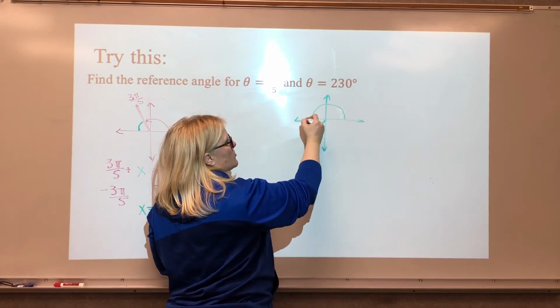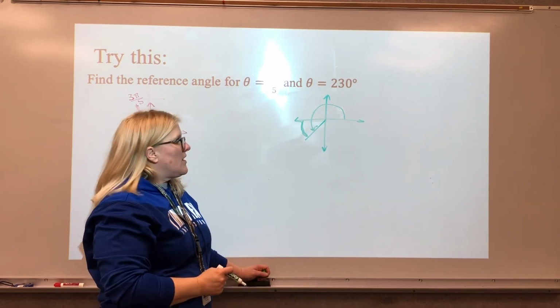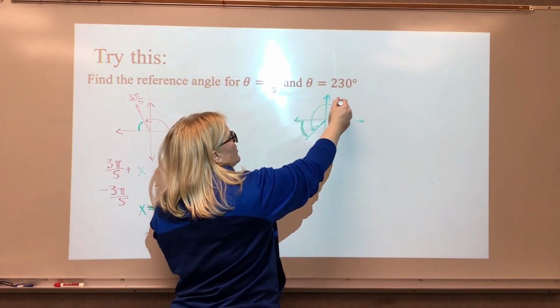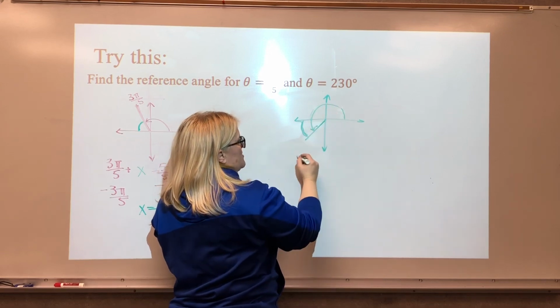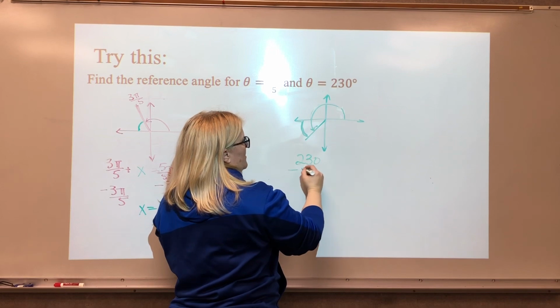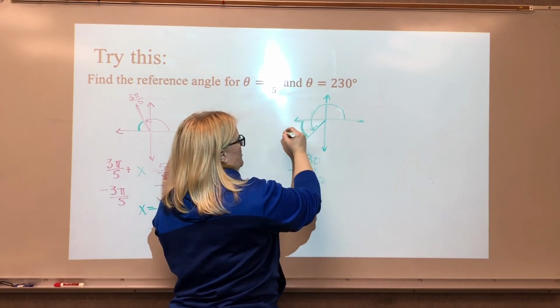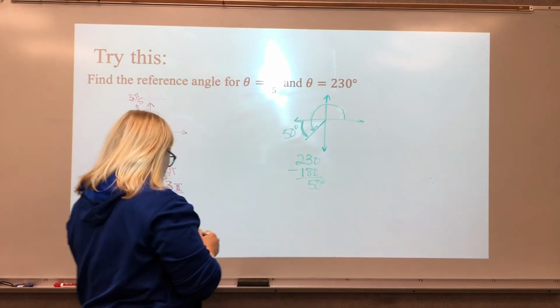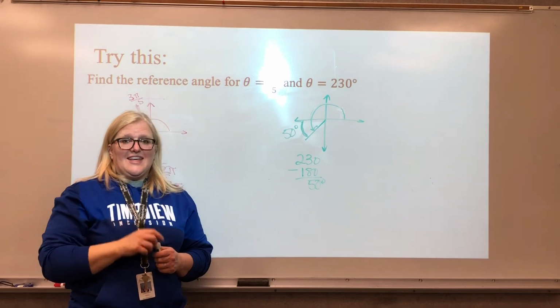So even though I'm backtracking a little bit, this is my reference angle. So 230 degrees minus 180 degrees gives me that little piece, which is 50 degrees. All right, we will move on in the next video.